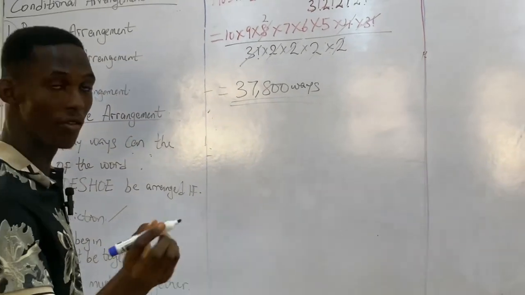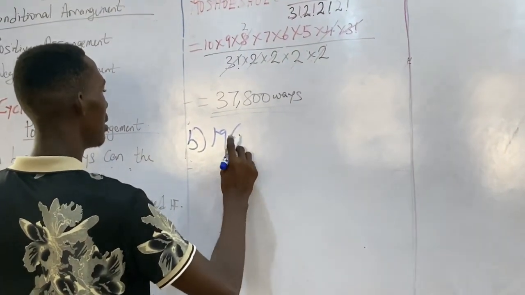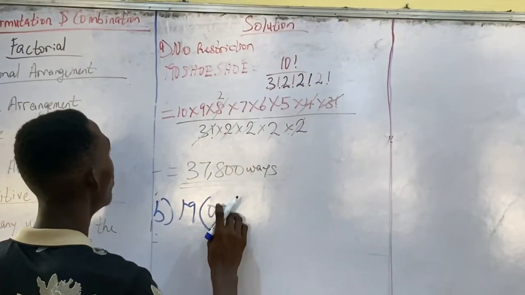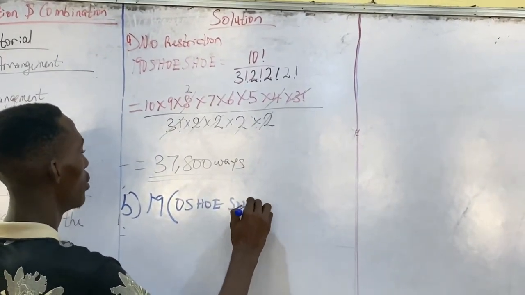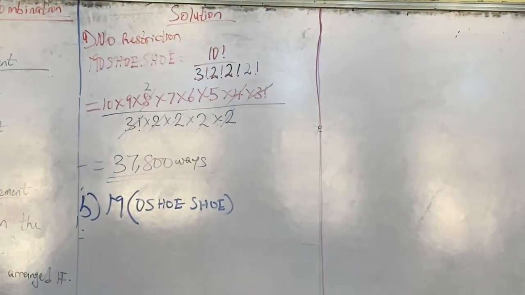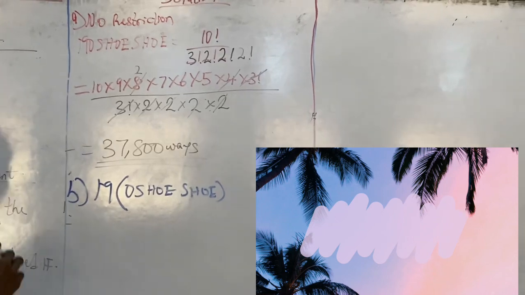Then we can move to if M must begin. That is, M has a fixed spot, which means M must begin. If M must begin, then we are left with O, S, H, O, E, S, H, O, E. Because we were told that M must begin, M is automatically out of the arrangement.